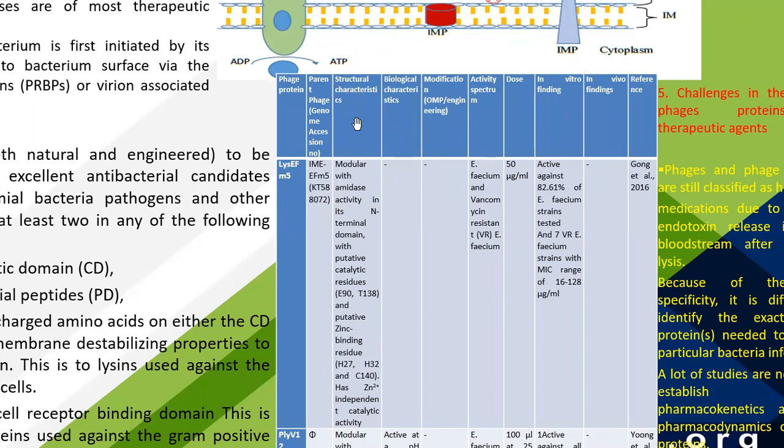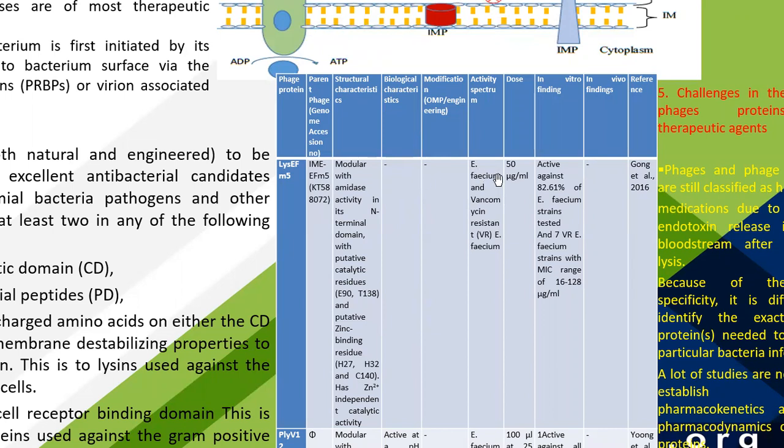The structural characteristic is that the enzyme is modular with amidase activity in its N-terminal domain, with putative catalytic residues E19, T138, and putative zinc binding residues H27, H32, and C40.